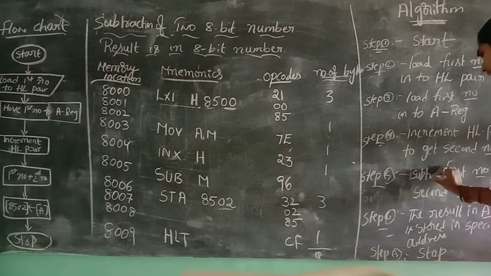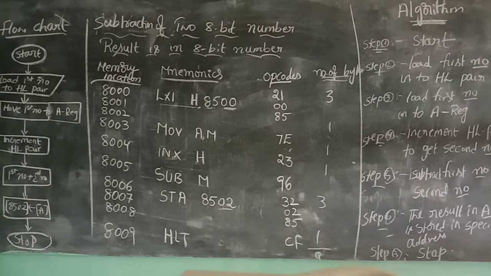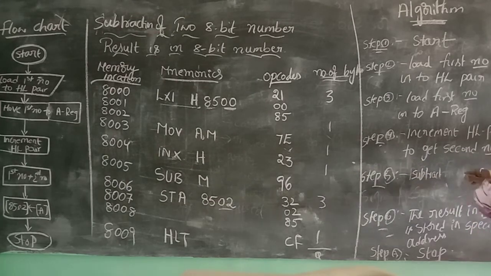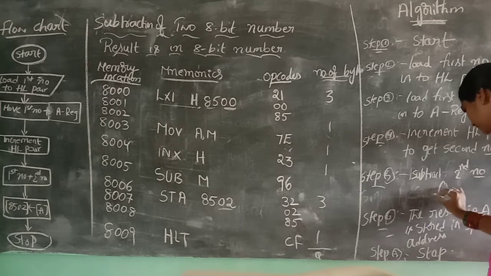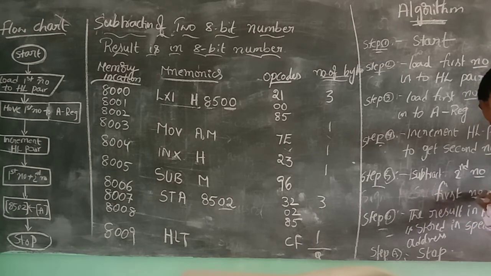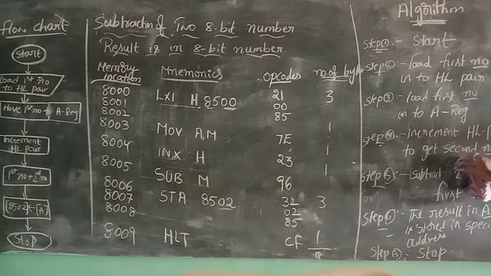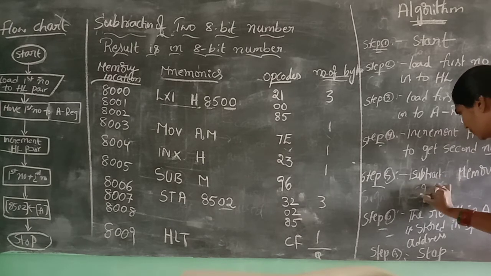Here only step 5 is changed in the program, so in the algorithm also we change step 5 only. Just write subtract instead of add. Subtract second number from first number. Whatever is taken, either first number or second number, just subtract memory data from accumulator data.